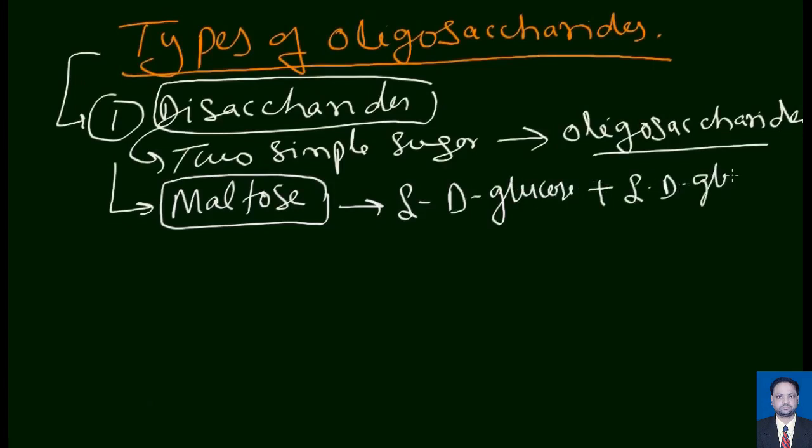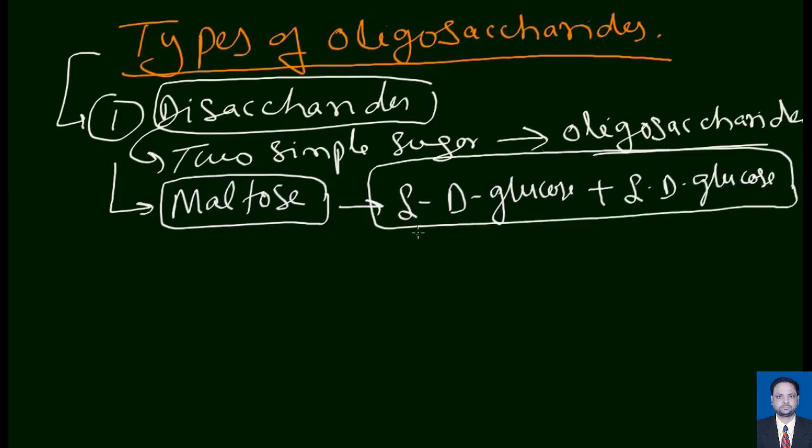This normally comes in the exam. It is dextrorotatory, and these are alpha anomers. So maltose is made up of two glucose molecules, and they are alpha molecules.